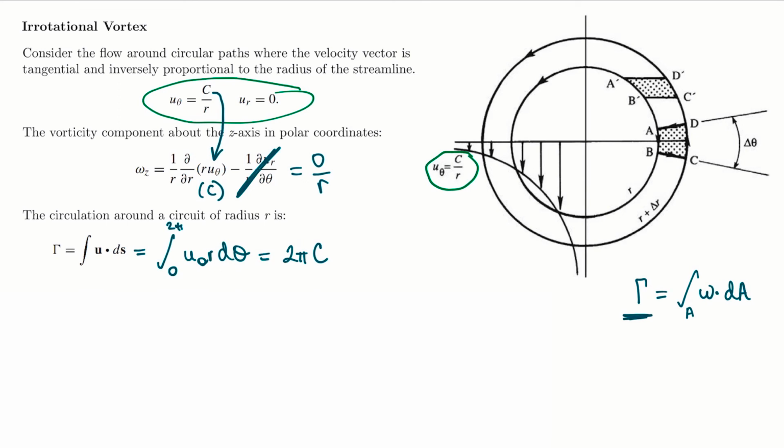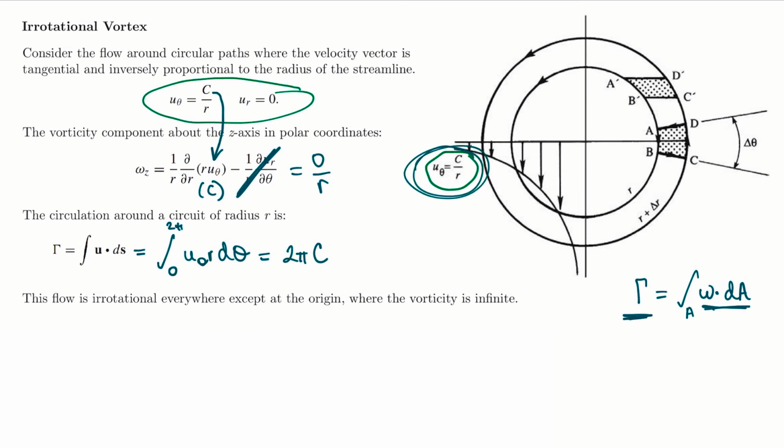So in the limit, the area approaches 0. That means the vorticity at the origin has to be infinite, so that this term here has a finite non-zero limit at the origin. So that's mathematically showing us that flow represented by this type of velocity field is irrotational everywhere except at the origin, where the vorticity is infinite. And we call this flow an irrotational vortex, or it can also be known as a potential vortex.